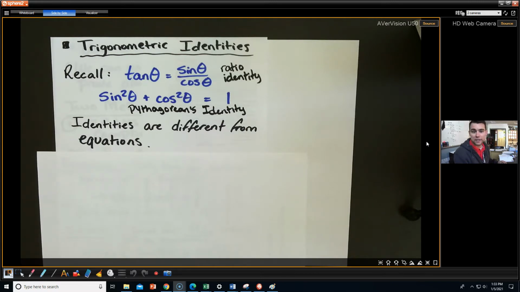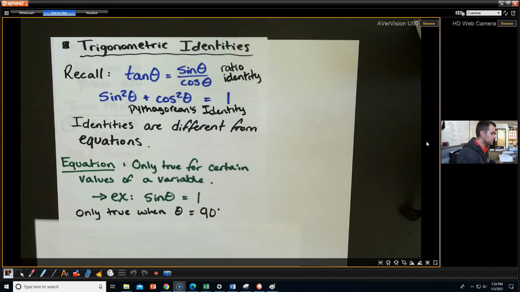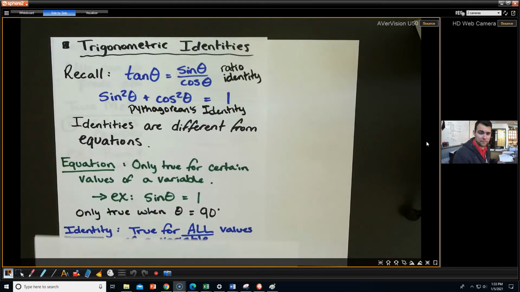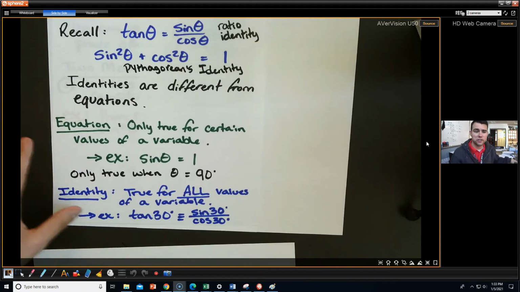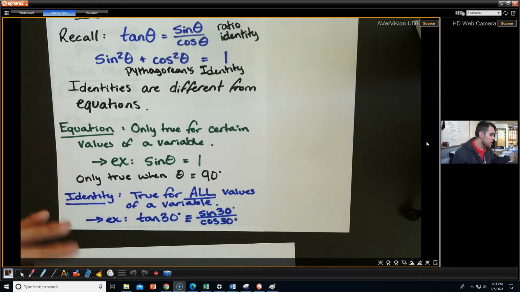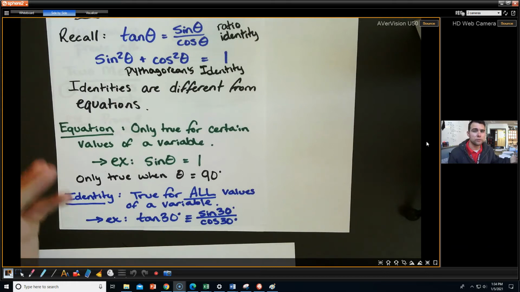Let's talk about identities because they are actually different from equations. How so? Well, they look like equations, right? But here's the difference. Equations are only true for certain values of a variable. The example that I have right here is sine theta equals 1, and that's only true when theta equals 90 degrees.